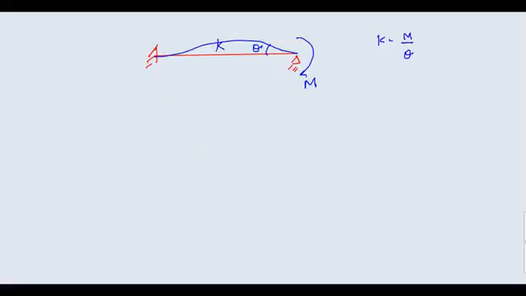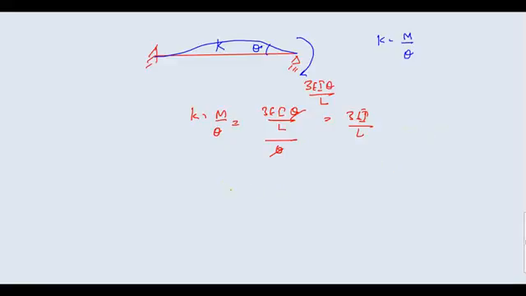I think we have already done this in the very first lecture where we were discussing the standard method. This value is nothing but 3EI theta upon L. Stiffness is M by theta, so M is 3EI theta upon L divided by theta. So it is 3EI by L.